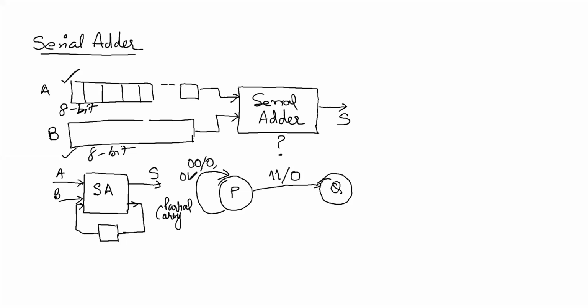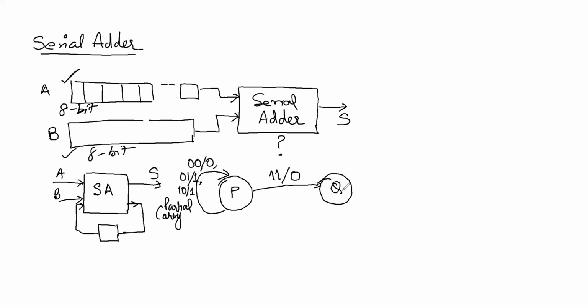If I have inputs 0, 1, my output is 1. If I have input 1, 0, my output is still 1. But I remain in the same state, that my partial carry is 0. Okay. Now, this is the only input combination which generates a partial carry 1. Okay. So I go to a new state.